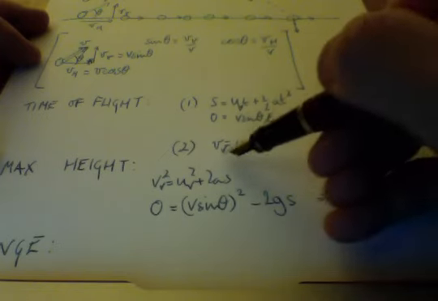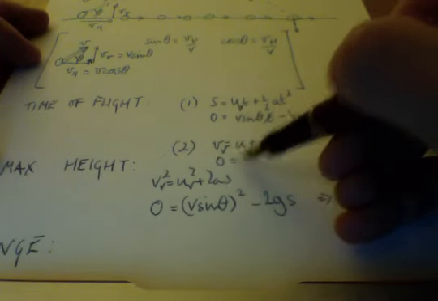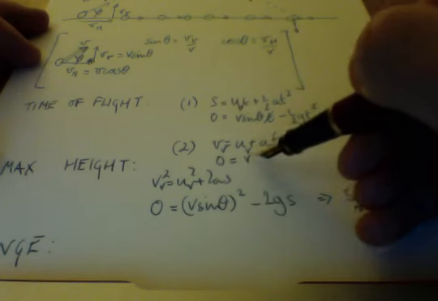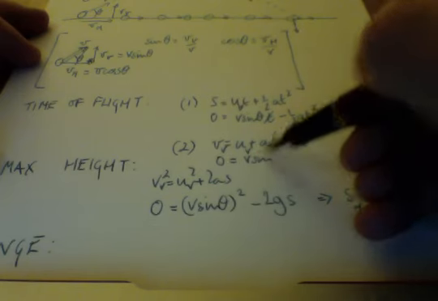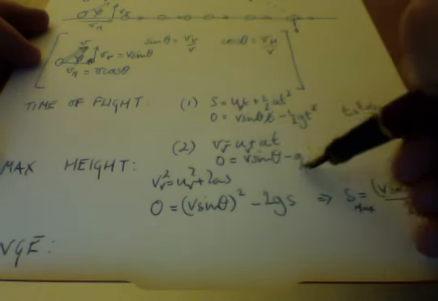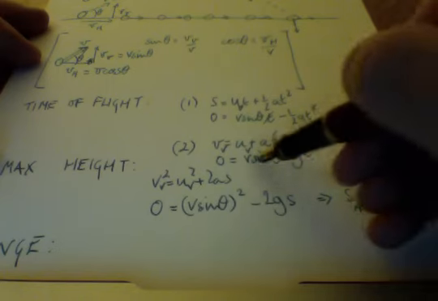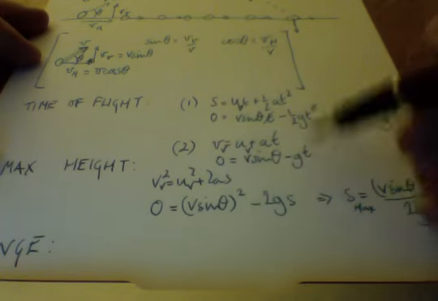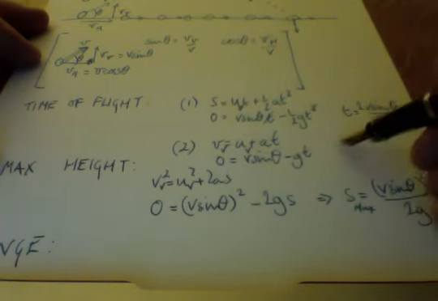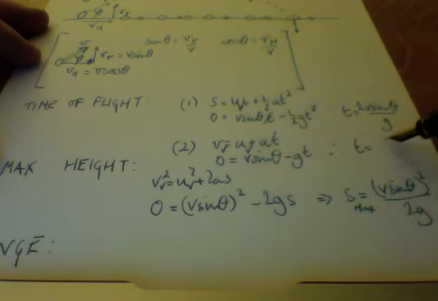I know it's going at 0 at the top, and I know it's initially going at v sine theta minus gt, because the acceleration is opposing the motion. And so therefore t here is going to be v sine theta over g.